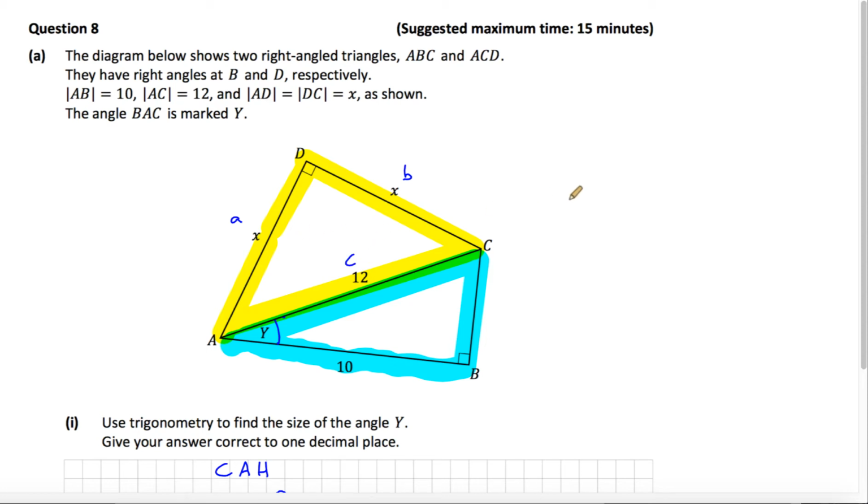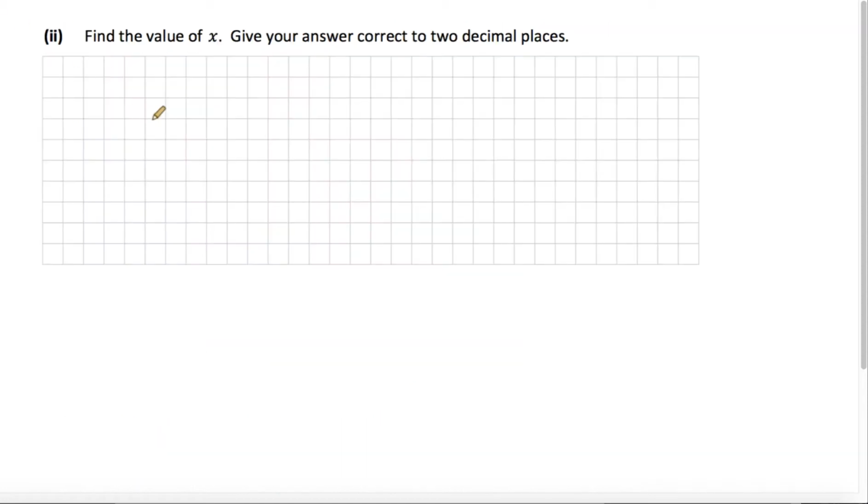And you know that a squared plus b squared is equal to c squared. So that would mean that x squared, which is a, plus b squared, b is also x, is equal to c squared, which is 12 squared. So x squared plus x squared, well, that's 2x squared, and that's equal to 12 squared, which is 144.